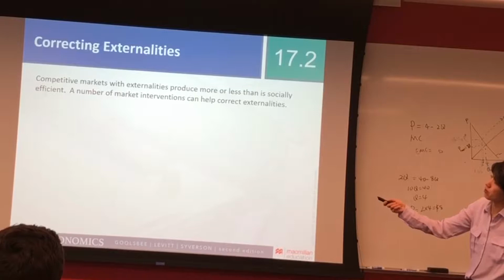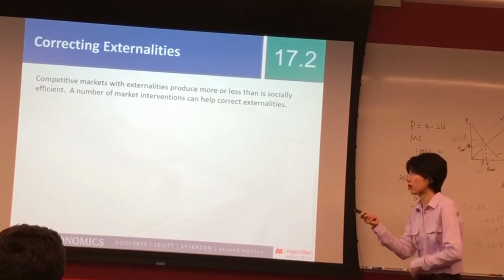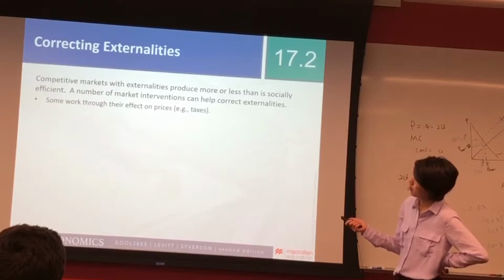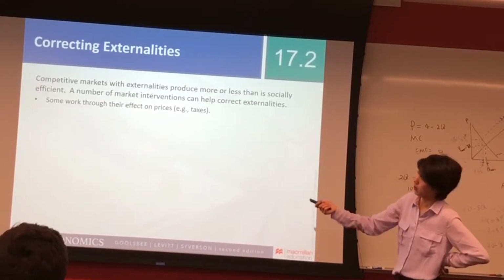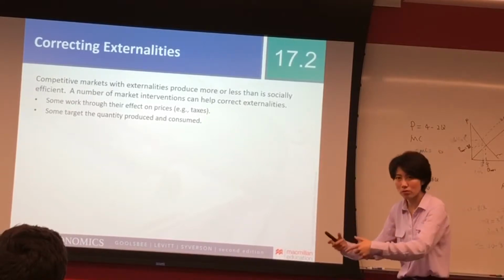Competitive markets with externalities produce more or less than the socially efficient amount. A number of market interventions can help correct externalities. There are two ways we'll talk about today. One works through the effect on prices, which we call taxes or subsidies.